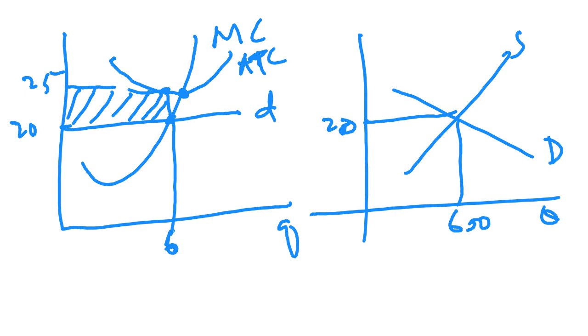So supply will decrease. Let's say somewhere here. So supply will shift to the left, up to what point? This equilibrium is such that it must be at this point, the minimum of ATC.